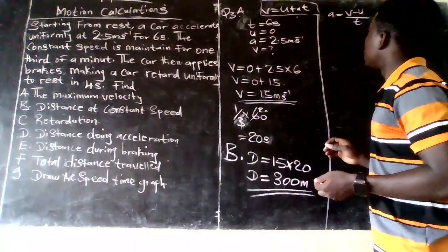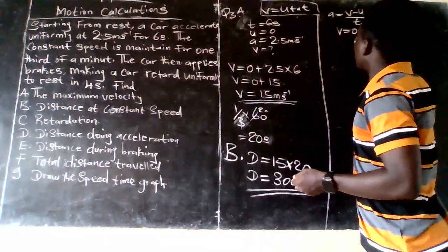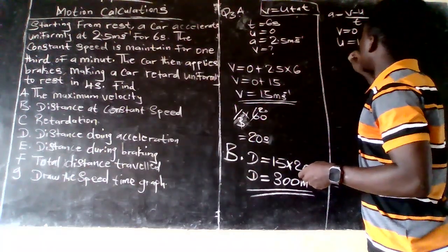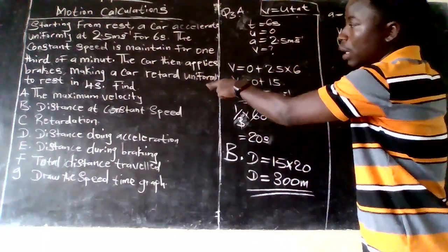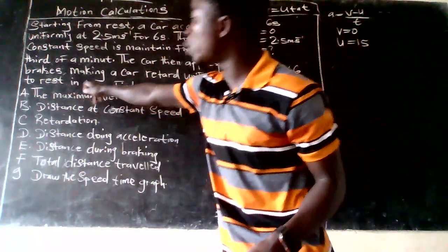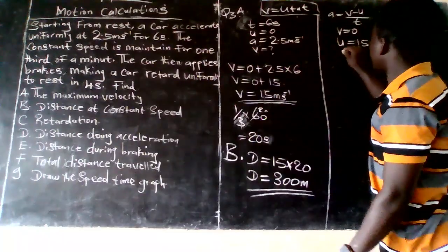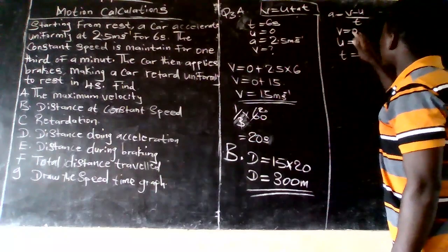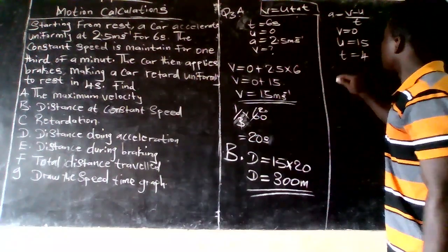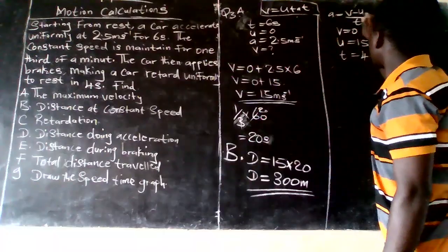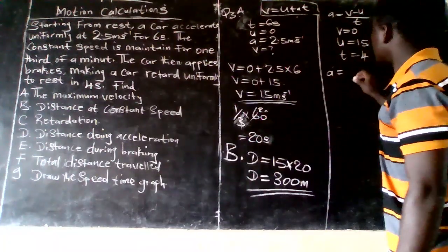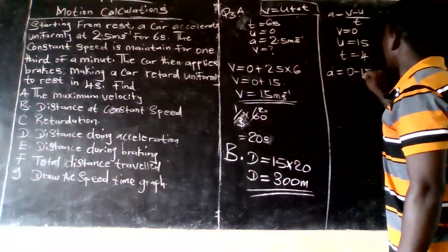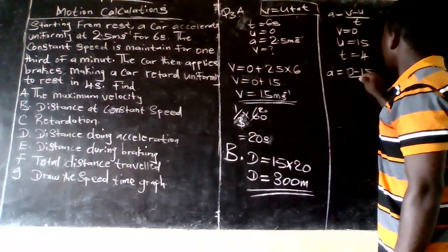So let's collect the data. Our v equals 0, our initial velocity will be 15, and our time is 4 seconds, since it retards uniformly to rest in 4 seconds. Now we are asked to find the retardation, so we substitute these values into this equation. So a equals 0 minus 15 upon 4.